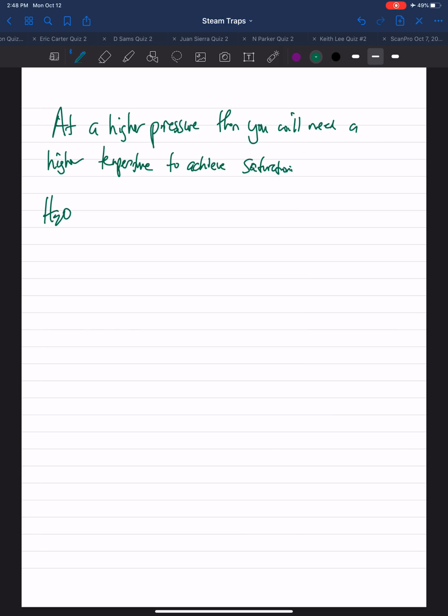And for water, the saturation pressure for water at 212 degrees Fahrenheit is 14.7 psi.